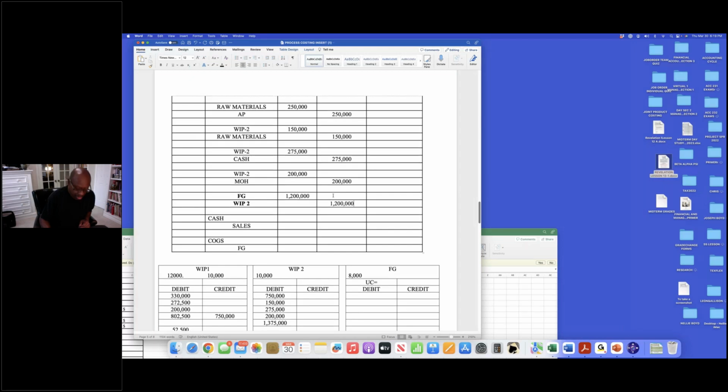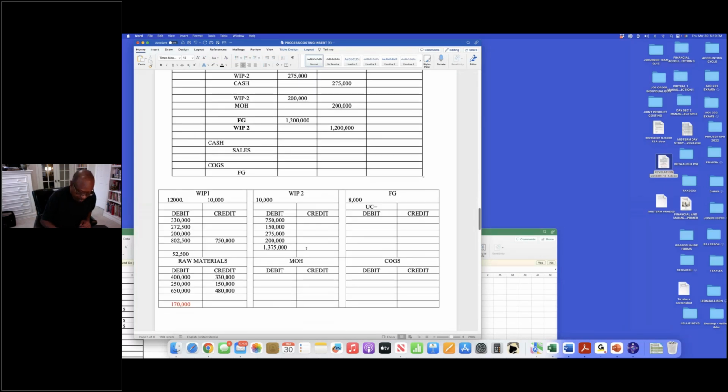We've got 1,200,000 that's going to go to finished goods. That's what's in that journal entry. How much do we have left in work in process? 175,000. Okay. What's going to be the unit cost of these items?